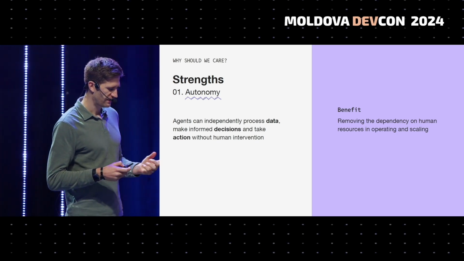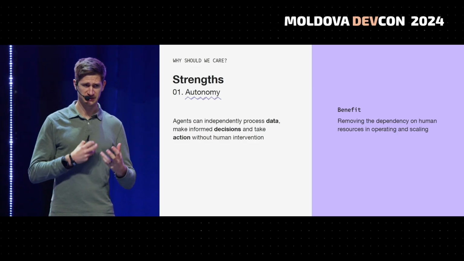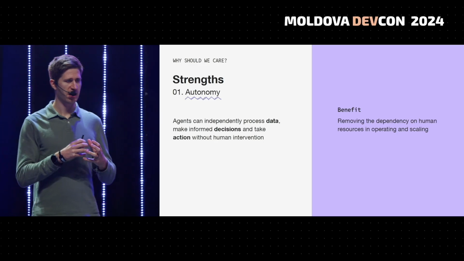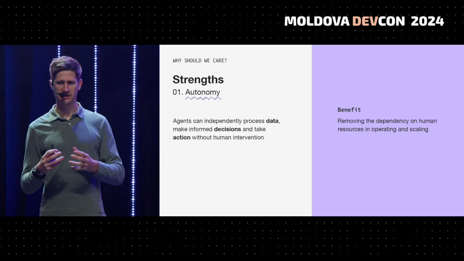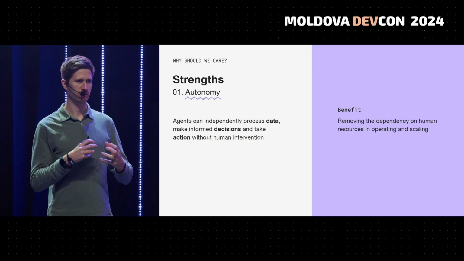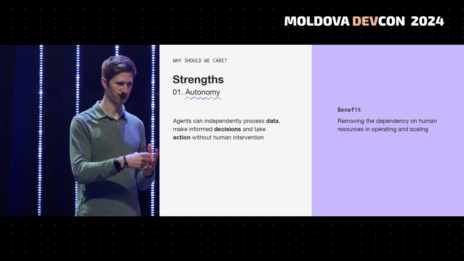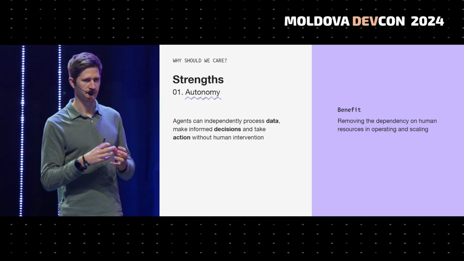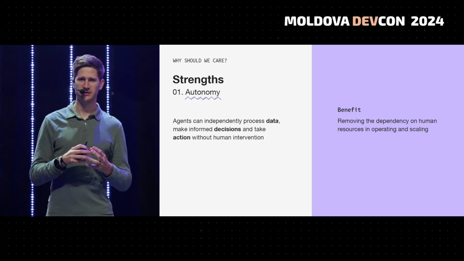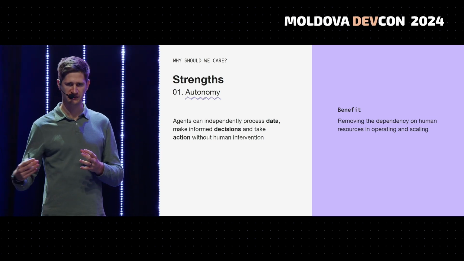The fact that these agents are able to understand information by itself to quite a high degree of intelligence and also perform actions means that it can really operate autonomously on its own without people interfering or having to contribute to its processing. And this is really incredible in the sense that it allows us to build software solutions that can scale without the human factor in it.